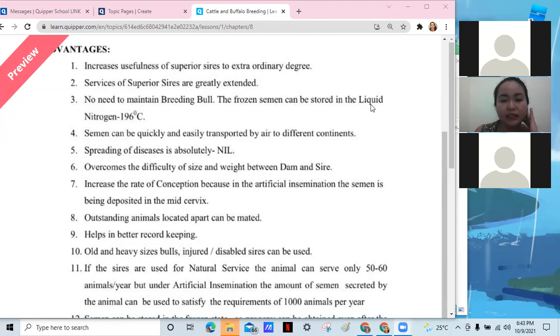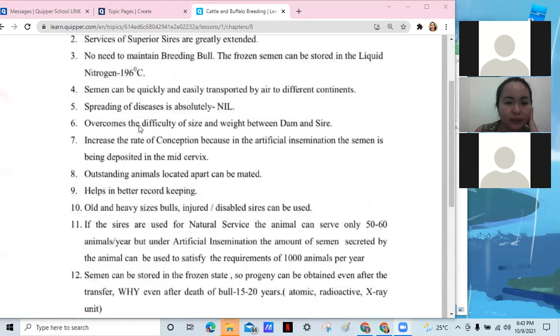As I have said, it is stored in liquid nitrogen at minus 196 degrees Celsius, which we call cryogenic preservation. So this semen can be easily transported anywhere, even to different continents, and the spreading of disease is absolutely nil.